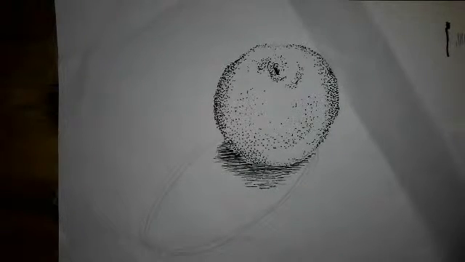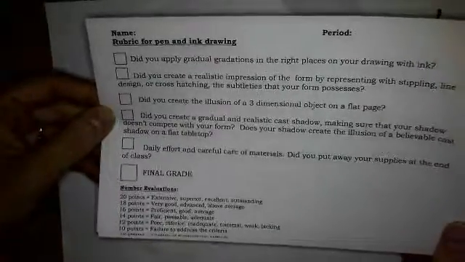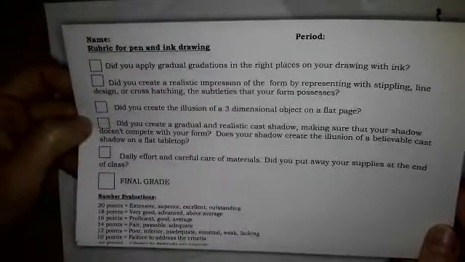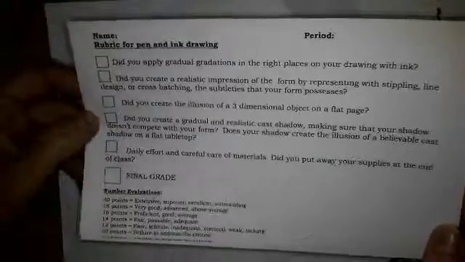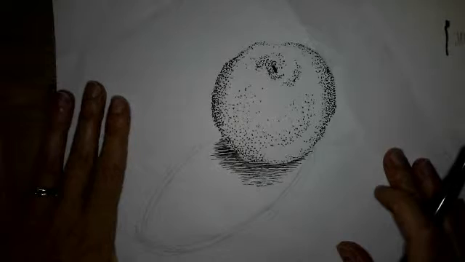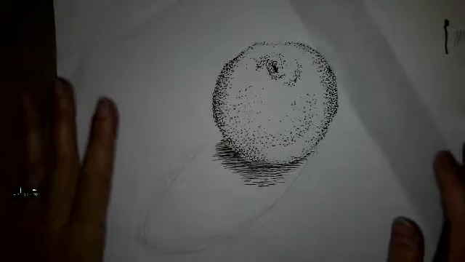Self-assess. This forces you to kind of like review what we've been talking about for this project. Okay? And erase all of your pencil. So I want you to erase all of your pencil.